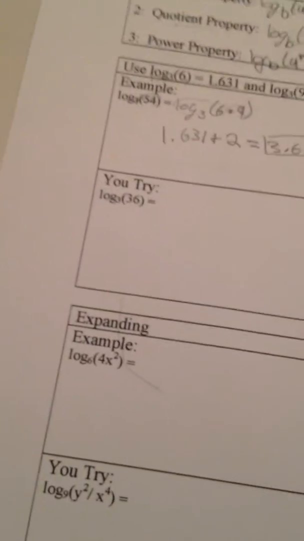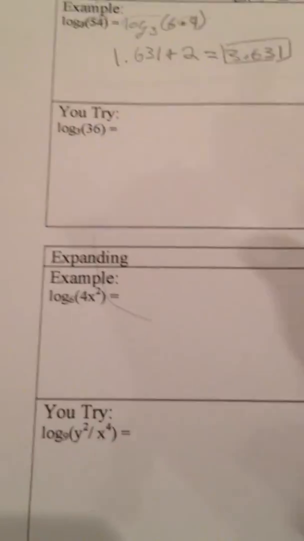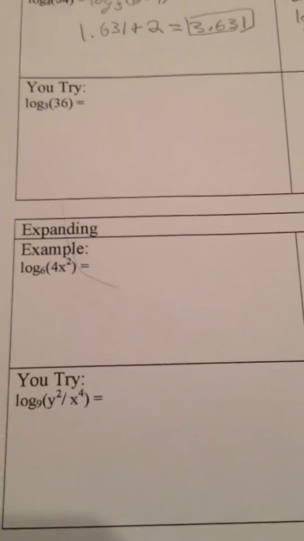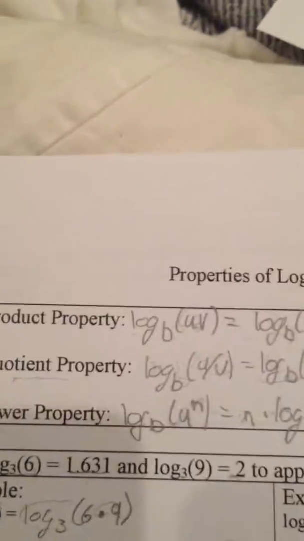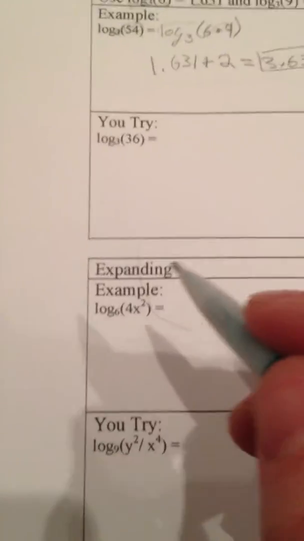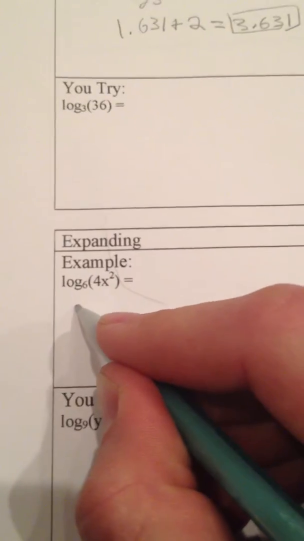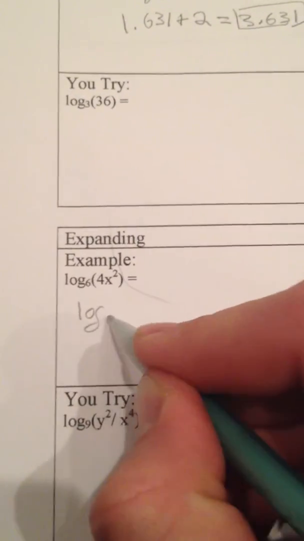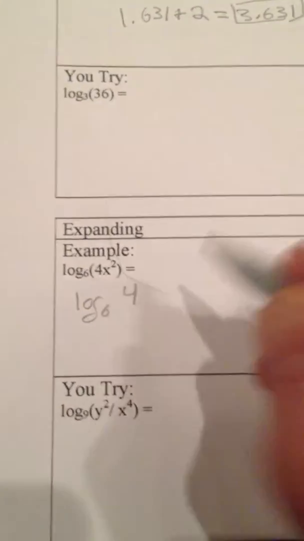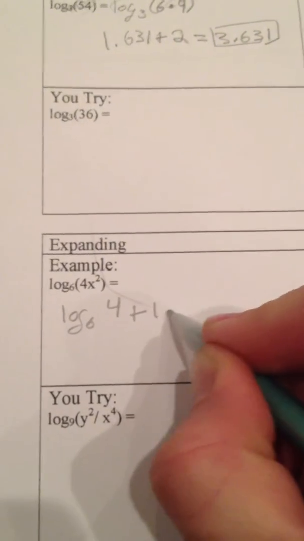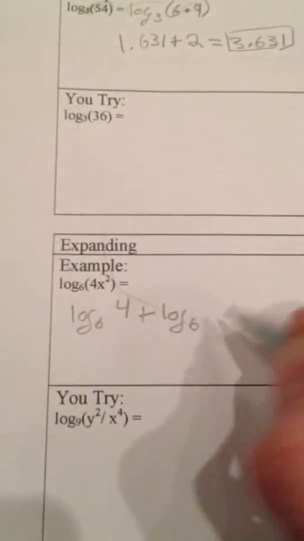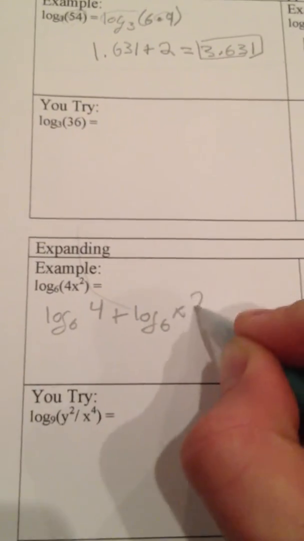Okay, and then for the next example, expanding the logarithms. Just like in the product property, if we go back up there, multiplication goes to adding. So we can say this as log base 6 of 4 plus log base 6 of x squared.